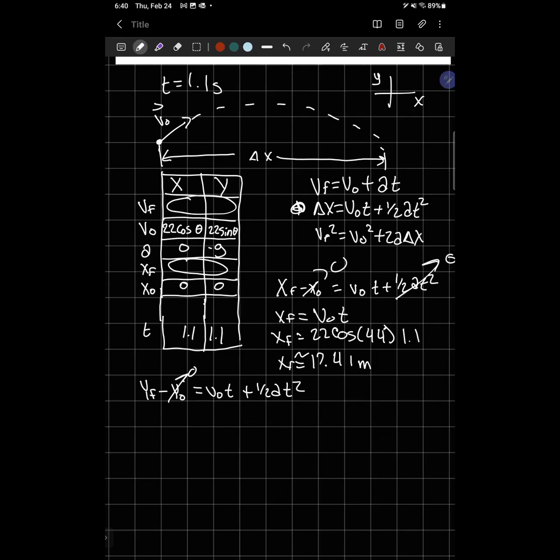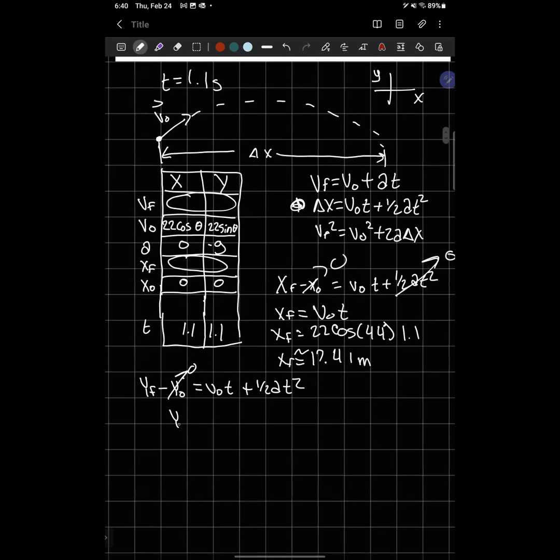So y final is equivalent to 22 sine of 44 times 1.1 plus 1/2 negative 9.8 times 1.1 squared.